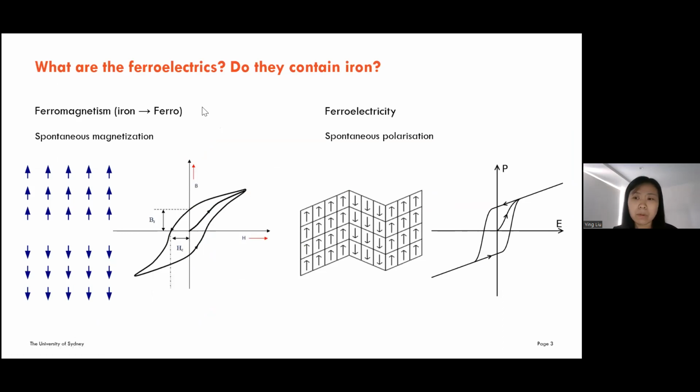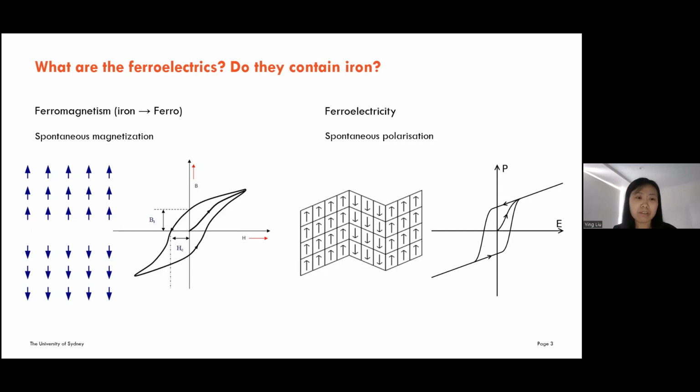First of all, what are ferroelectrics? When many people hear about ferroelectrics, they may assume that ferroelectrics have a close relationship to iron because the prefix ferro means iron. But actually, ferroelectricity is named by analogy to ferromagnetism. Ferromagnetism usually occurs in materials like iron.